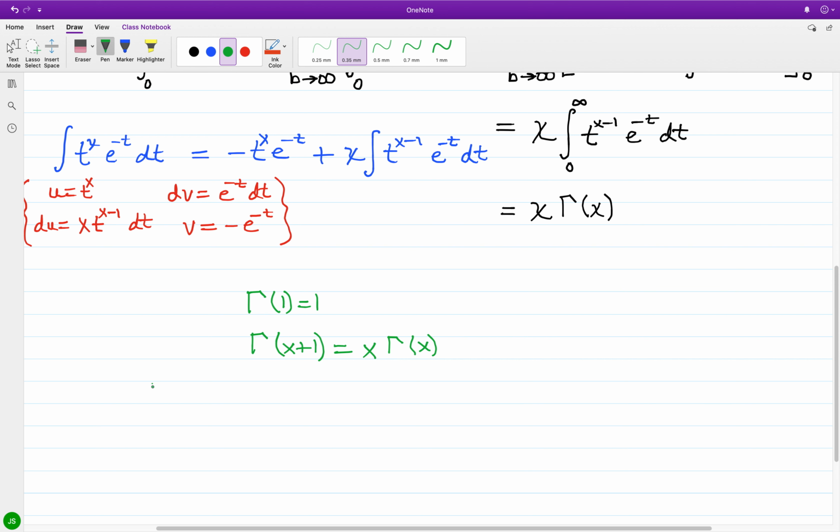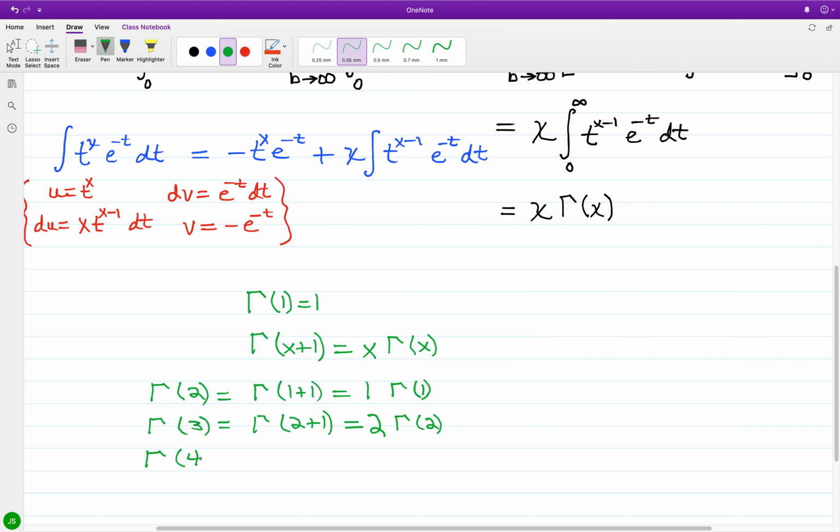So if I'm looking at gamma of 2, so looking at gamma of 1 plus 1, I got 1 times gamma of 1. And if I go out to gamma of 3, I have gamma of 2 plus 1, and that would be equal to 2 times gamma of 2.